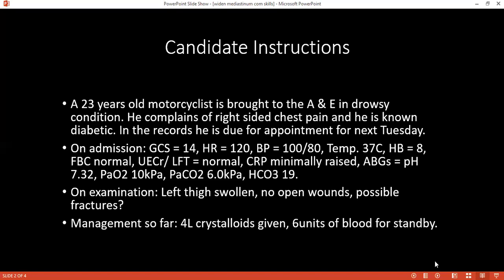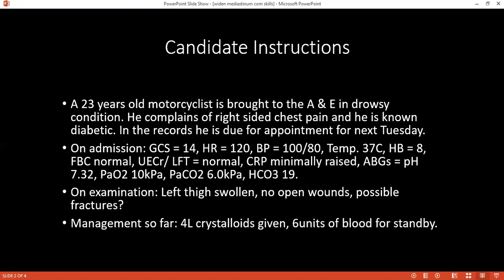We will keep systolic blood pressure below 100. So why do you think the blood pressure is low and the heart rate is high? We think the patient is in hypovolemic shock, and also maybe obstructive shock.